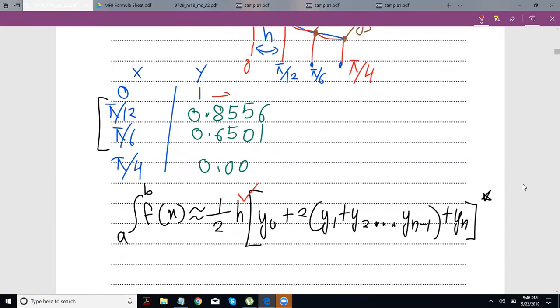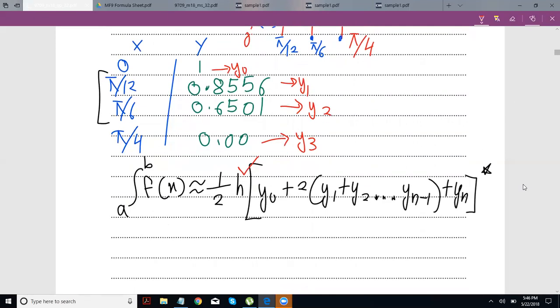So your first value would be y naught. This would be y1. This would be y2. This would be y3. And again, since you had 3 intervals, you should be expecting your values of y to go up to y3. So where they say yn, this should be y3.